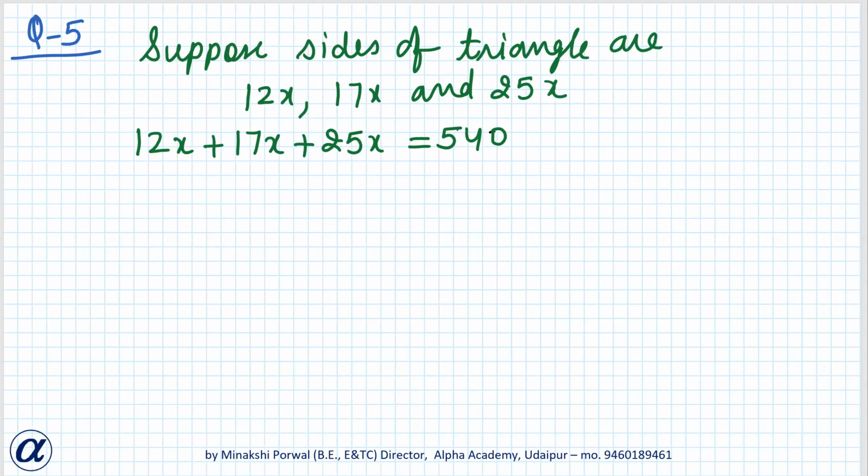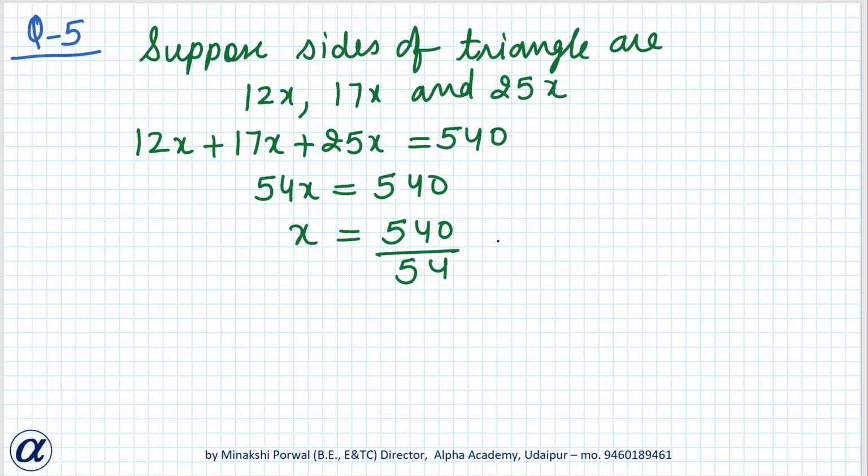Is this step clear? So it's like example 3 only. When you add this 12, 17 and 25, you will get 54x equals 540, or x equals 540 upon 54, so it is 10.